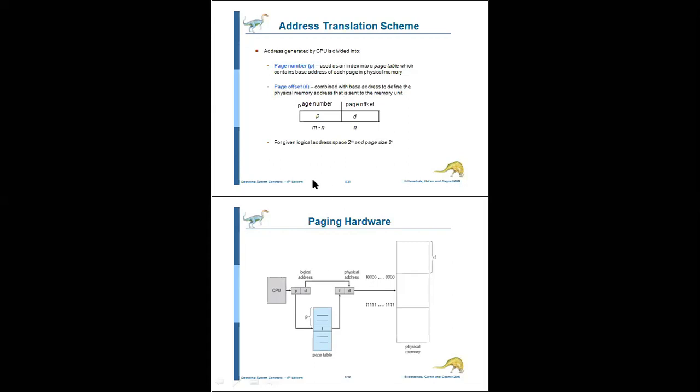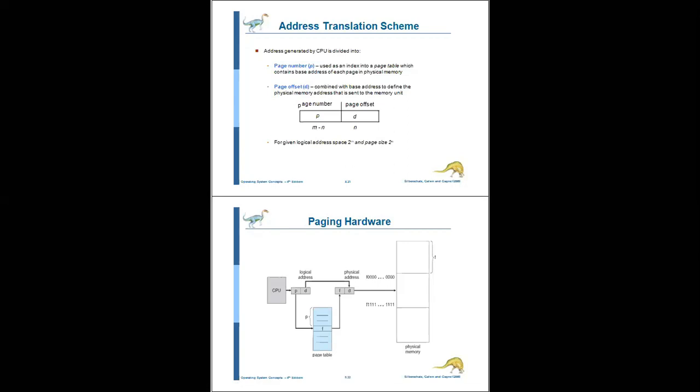The n lower order bits designate the page offset. This is the basic method of the address translation scheme.